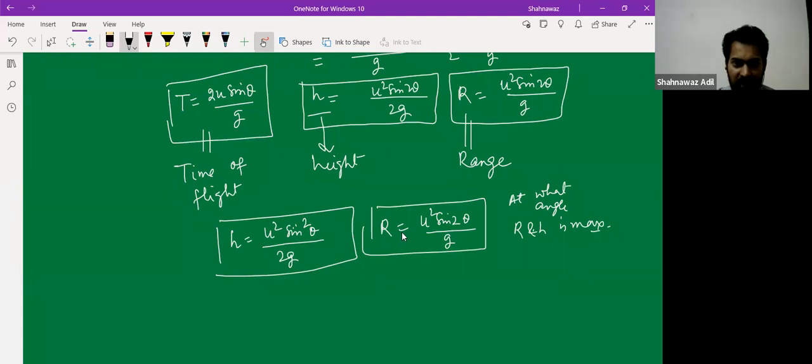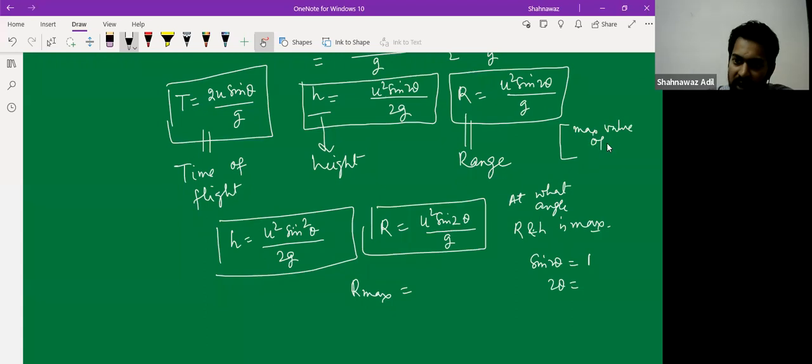And what will this be? For r max, your sine 2 theta should be 1, okay? So 2 theta should be what? What is the maximum value of sine theta?